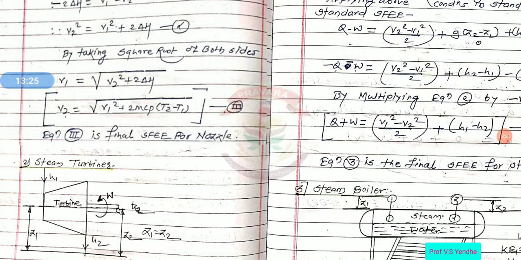So the final equation number 3: V2 is equal to the square root of V1 square plus 2 mCp (T2 minus T1). That is the final applied steady flow energy equation for the nozzle.